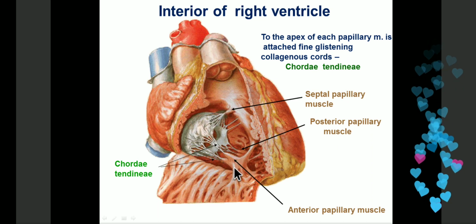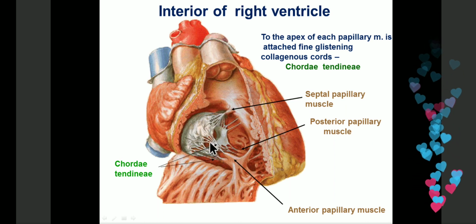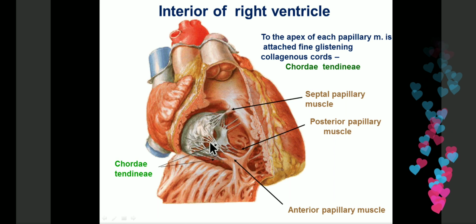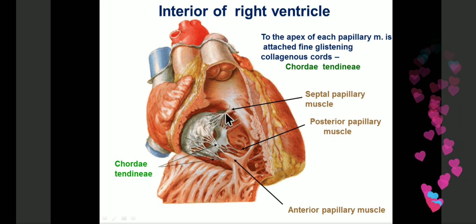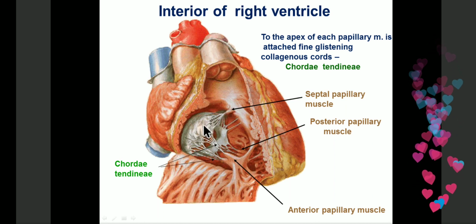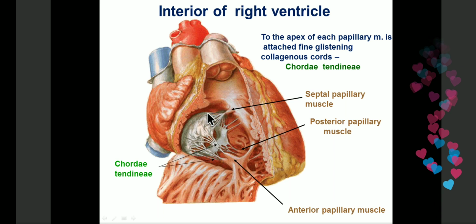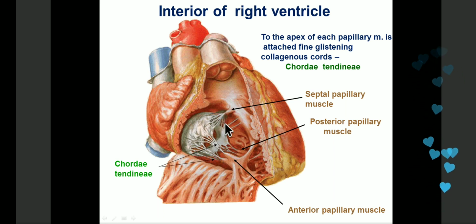Now the tricuspid valve has three cusps. The name itself suggests tricuspid, three cusps. So these papillary muscles attach to the cusps of this tricuspid valve through these chordae tendineae, which are going to attach to the two adjacent cusps.